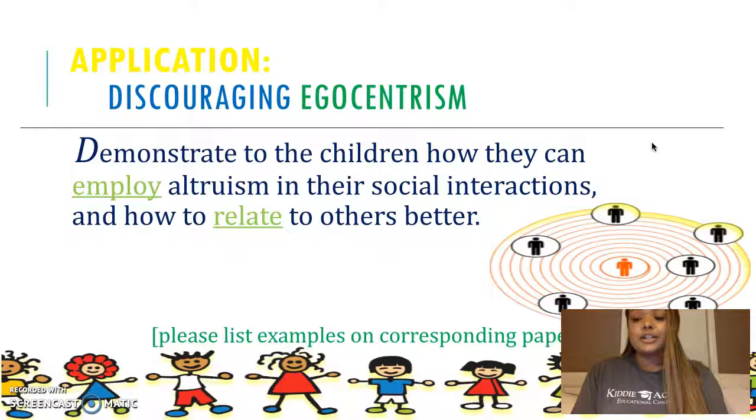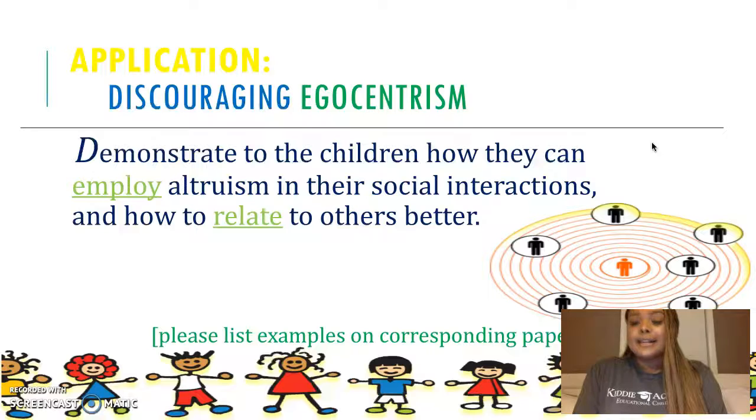Application, discouraging egocentrism. So they will have the ability to demonstrate to the children how they can employ altruism in their social interactions, altruism being the opposite of egocentrism, and how to relate to others better. Our 3-year-olds and 4-year-olds tend to be very self-aware and not worldly aware of their peers.